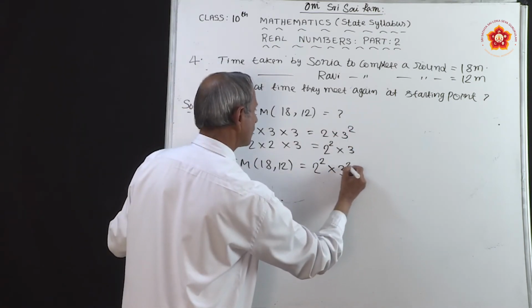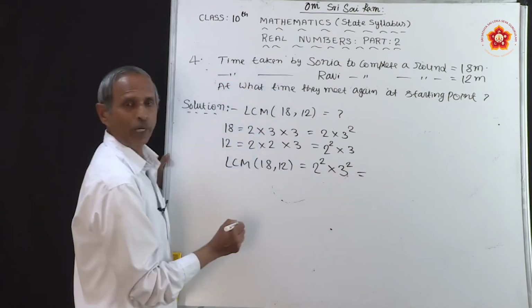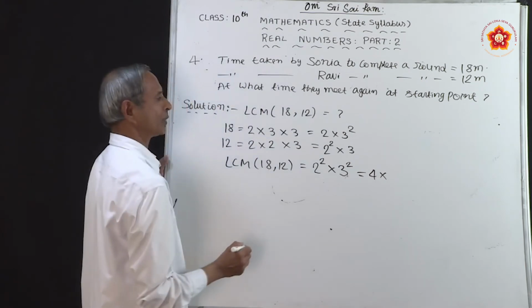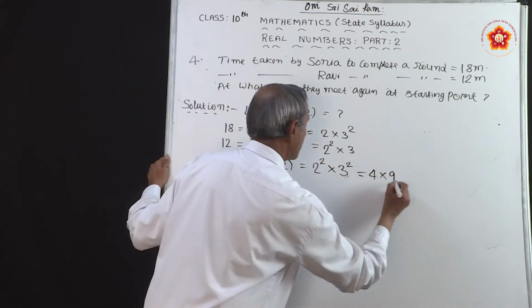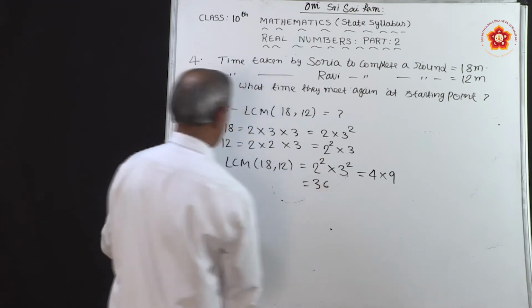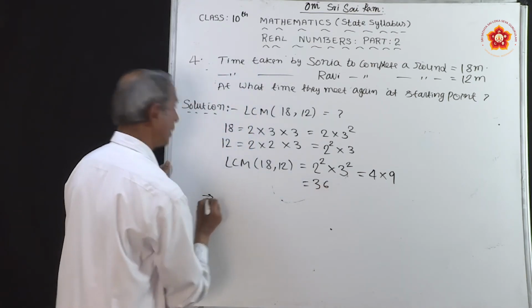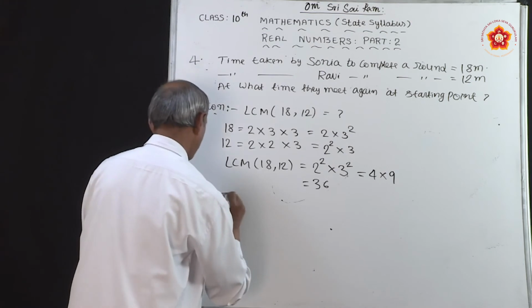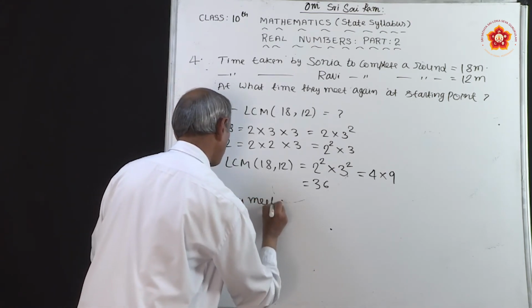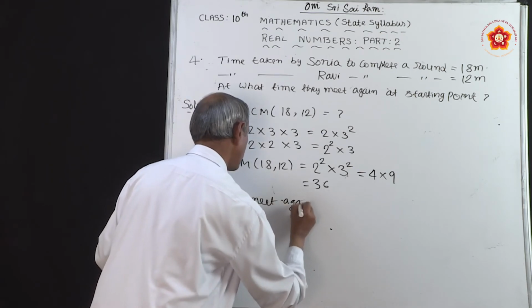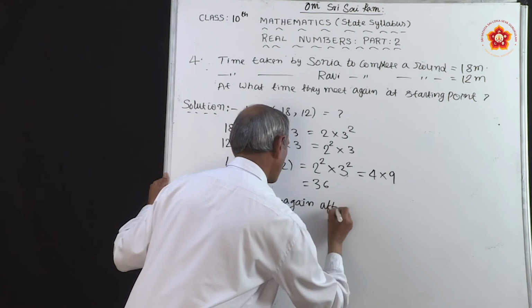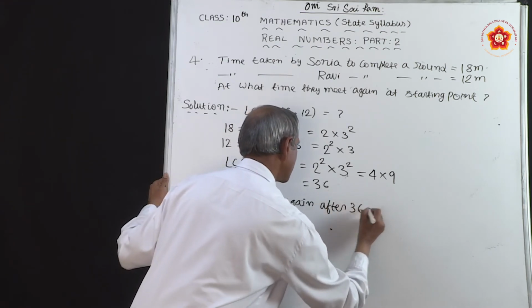Now, 2 square becomes 4 and 3 square becomes 3 3 is 9. If you multiply, you will get 36. That implies they meet again after 36 minutes.